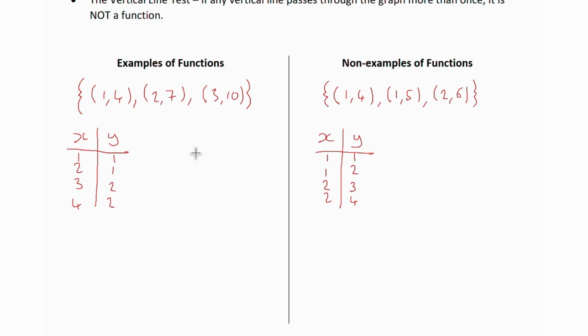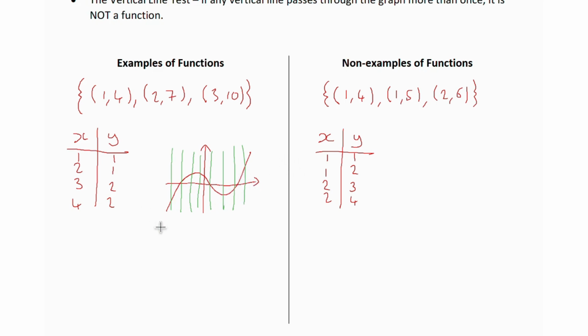Now let's think about graphically what this might look like. So graphically, we might have something like a cubic function that looks something like this. Now, if you imagine vertical lines dropping down here, no matter where we draw this vertical line, it's only ever going to cross the graph once.